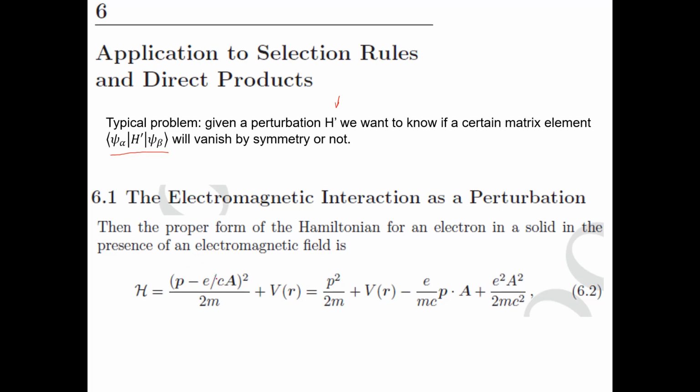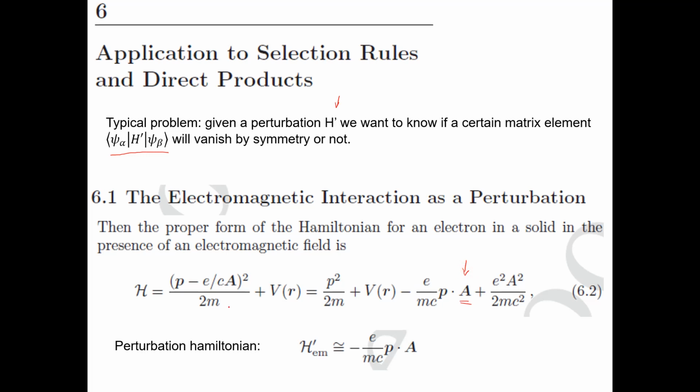If you write the effects of an electromagnetic field in a Hamiltonian of a quantum system, in Gaussian units, you have this term which involves the vector potential A. If you take the linear term in A, in the spirit of perturbation theory, if the field is small, this term is going to be more important.